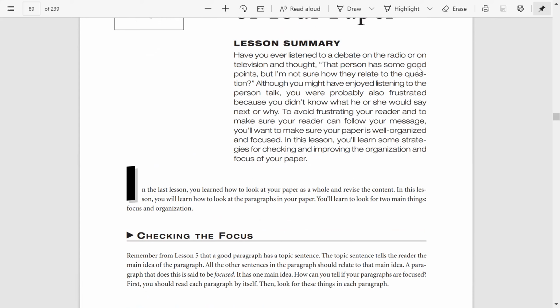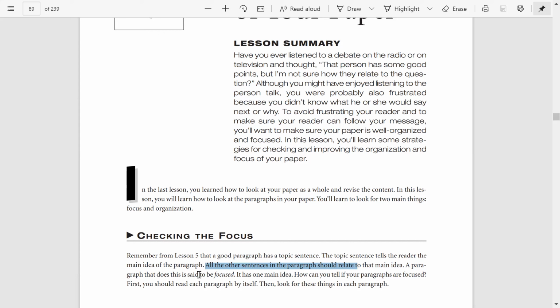All the other sentences in the paragraph should relate to the main idea. If there is a proper topic sentence in the paragraph, and if there are other sentences which are directly related to the main idea in the topic sentence, it means the paragraph is focused and organized.